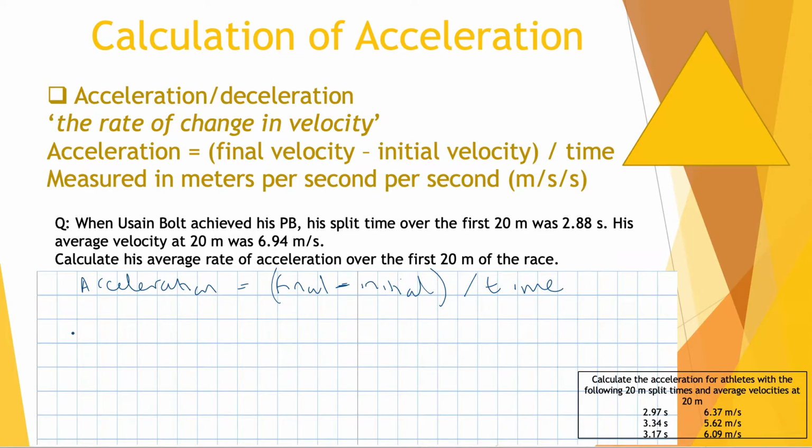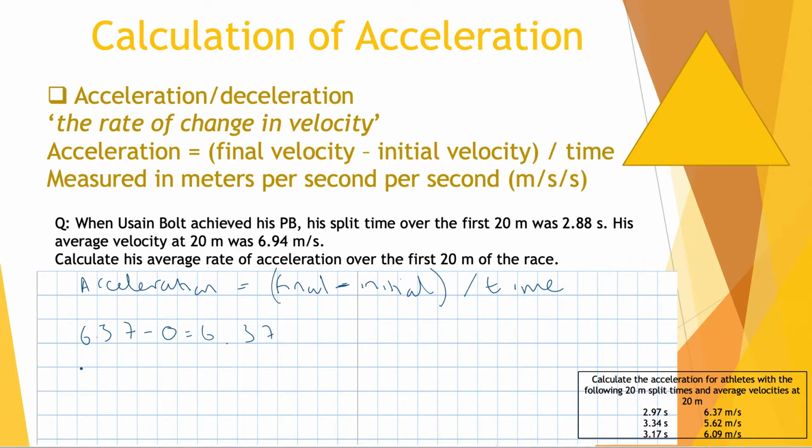So I would take the final velocity, which is 6.37, and minus the initial velocity, which was again 0, which gave 6.37.